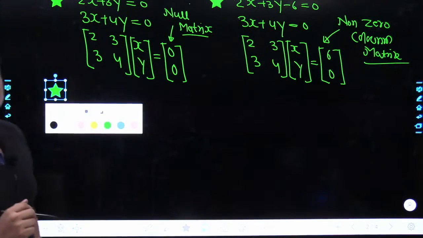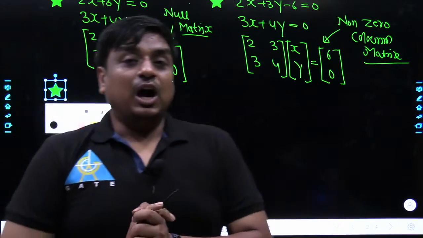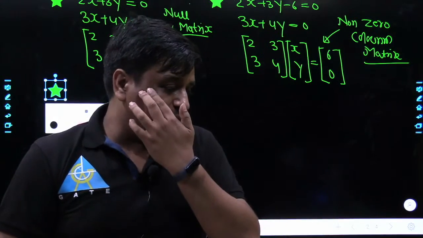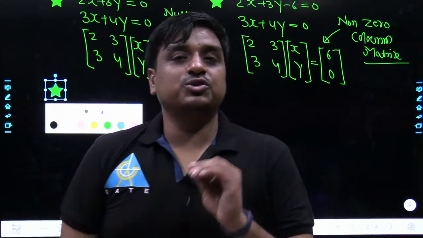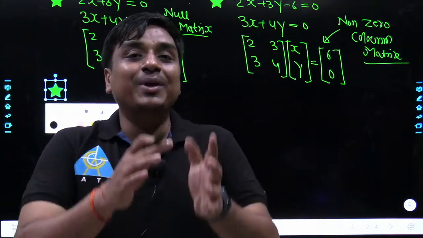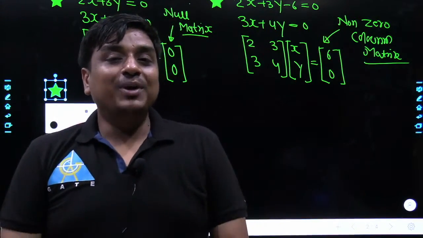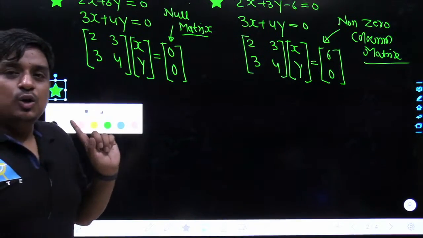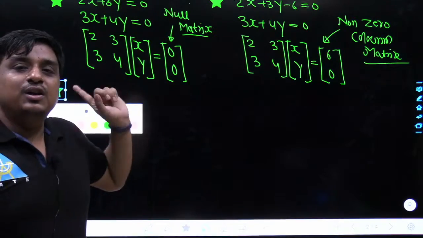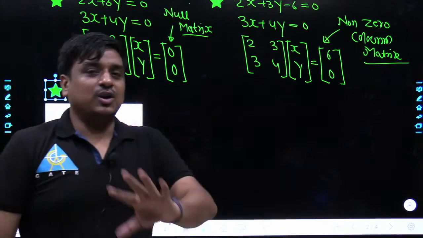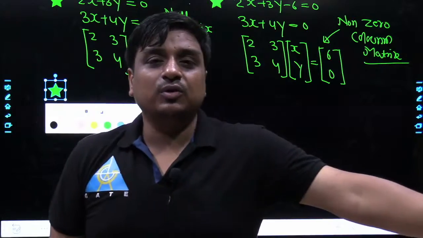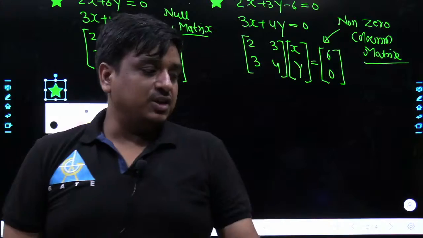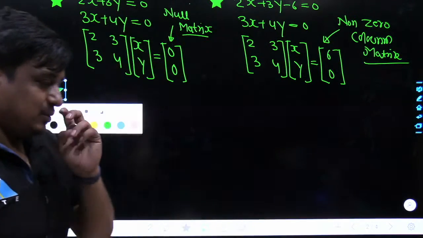In case of linear homogeneous equation, how many types of solutions can you have? I just ask each one of you: can you have the case of no solution in case of a homogeneous equation? Yes or no? You have to reply over the comment box.